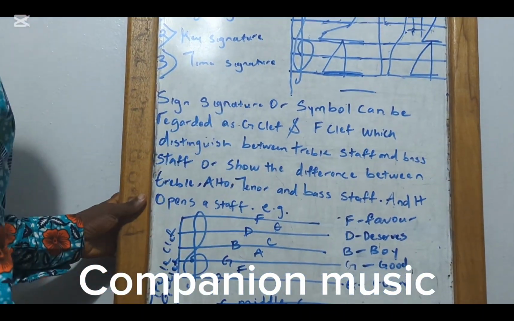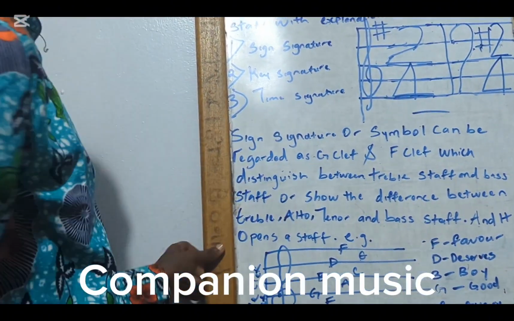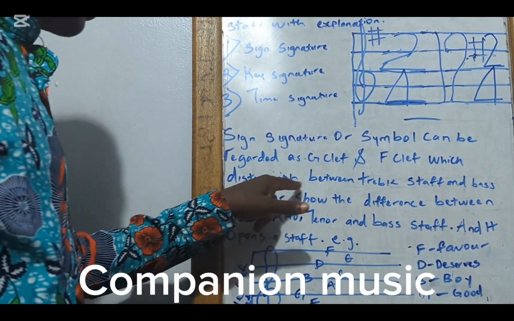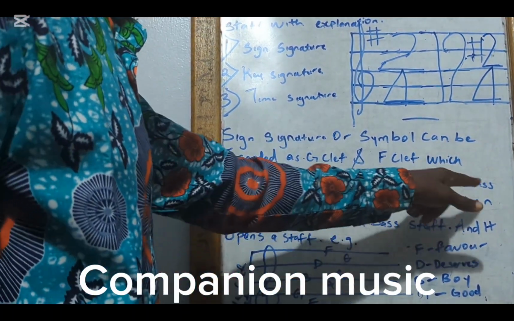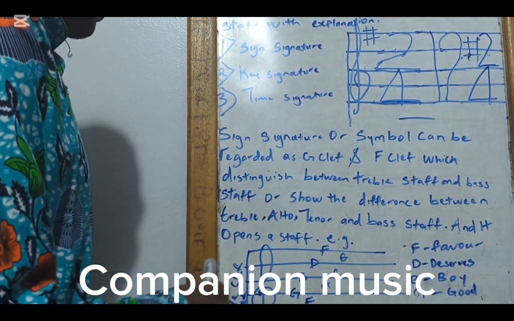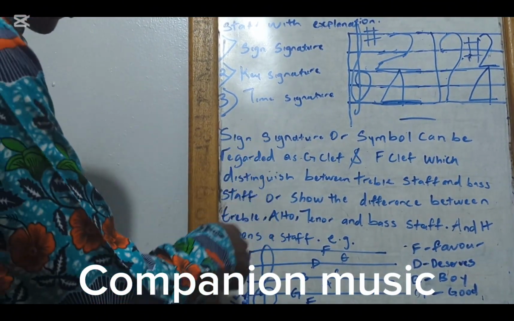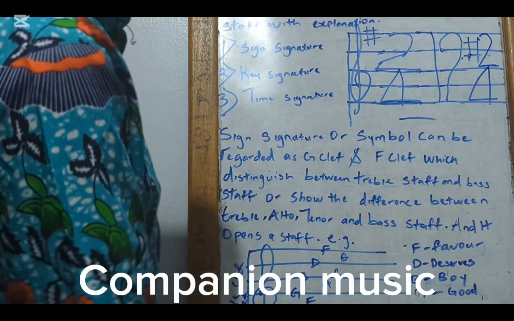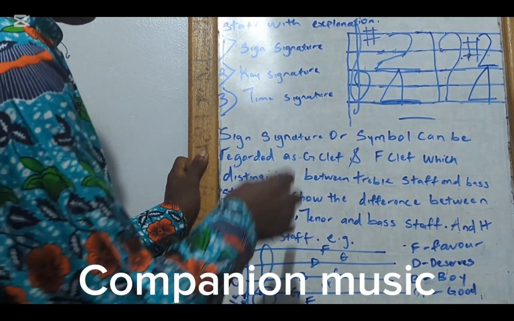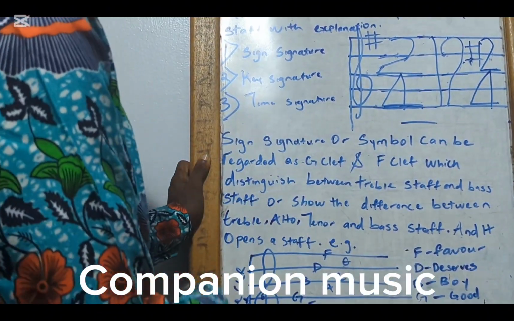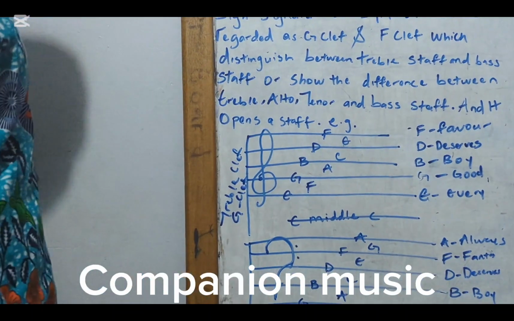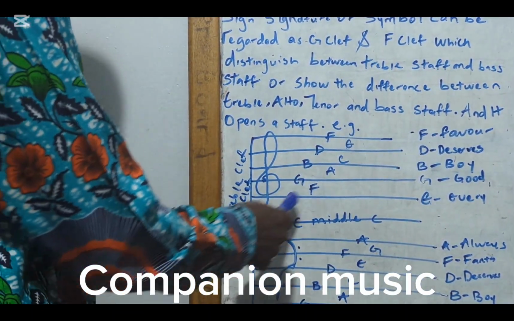So the sign signature or symbol can be regarded as the G clef and F clef, which distinguish between treble staff and bass staff, or show the difference between treble, alto, tenor and bass. Those two symbols are the ones that open the staff. As you can see, this is the sign, and this is the example that we can follow.